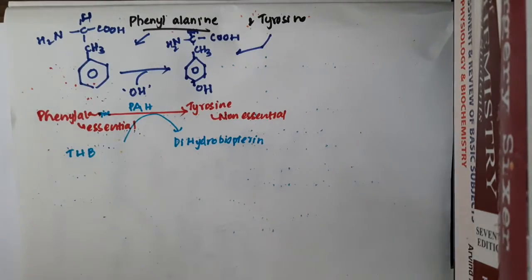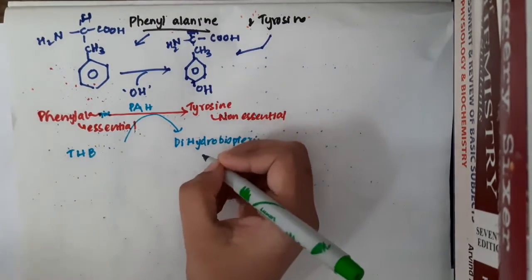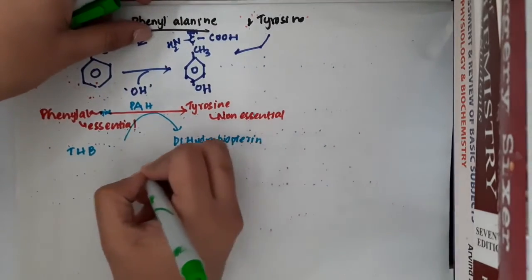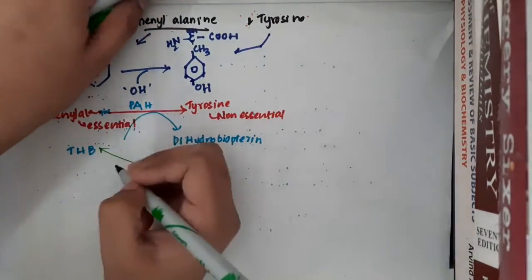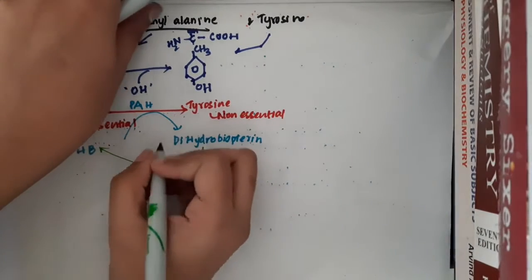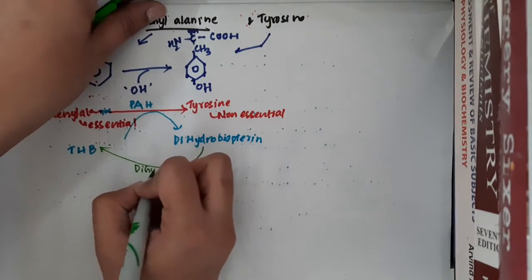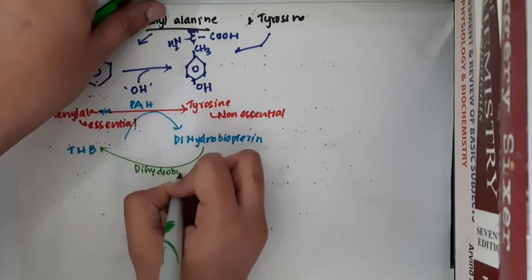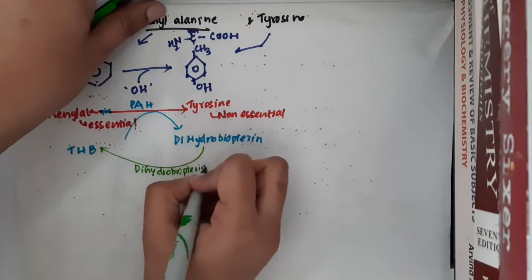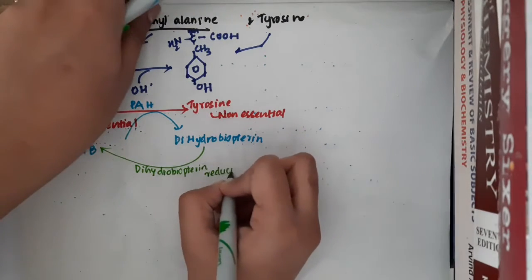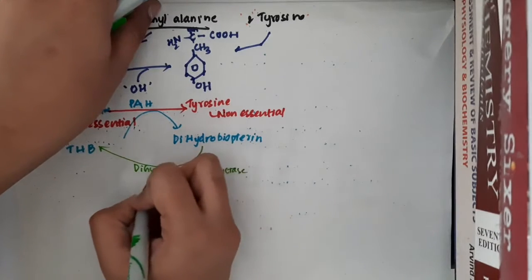And this dihydrobiopterin gets converted back to tetrahydrobiopterin. That means tetrahydrobiopterin is restored with the help of the enzyme dihydrobiopterin reductase.